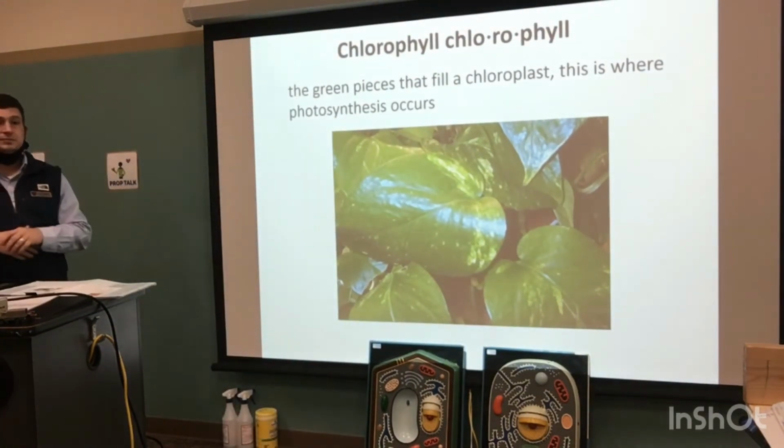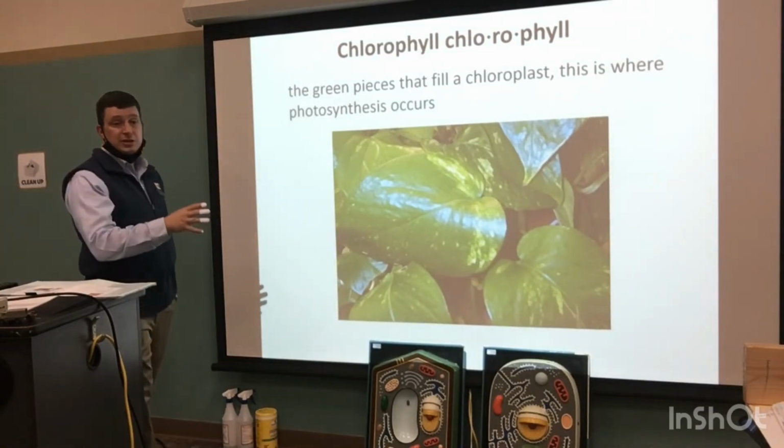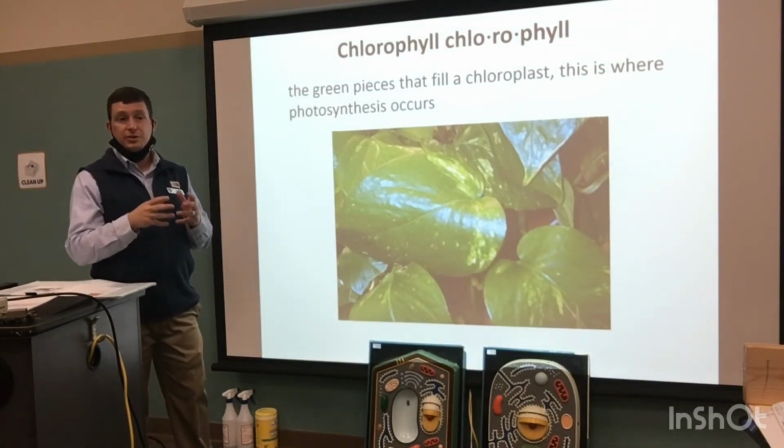Yes, sir? So, you said that the chloroplasts are in all plant cells? Yes. So, I'm going to refer back to Jill's thing. What if it was on a petal of a flower? Then the petals aren't always green. True. Now, some of those cells are going to have more chloroplasts than others.